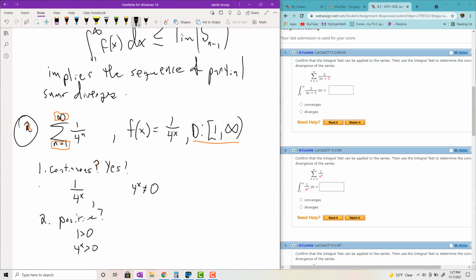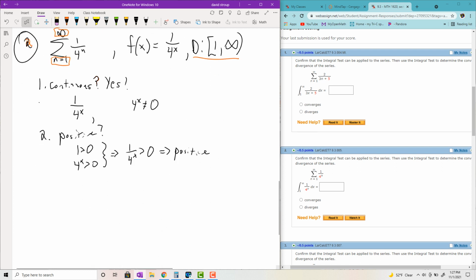All of this implies that 1 all over 4 to the x is greater than 0, which implies it's positive. On a test you could basically just say yes. I don't need to see some logical argument. Maybe if later on you take more proof classes, if you're going to become a math major, you can worry about that stuff there.